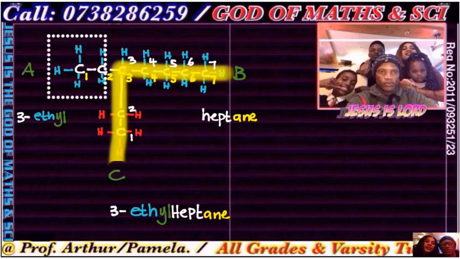And I said when you put down the name, all the branches, you put them first, in alphabetical order. We good? All right, so then I'm gonna place it here. There it is, ethyl. Then I'm gonna take this name and end with it, which is called the parent name.